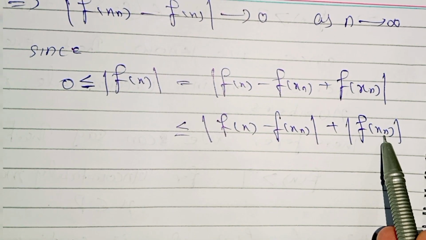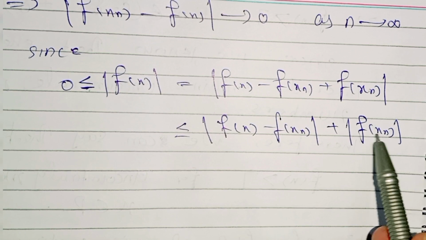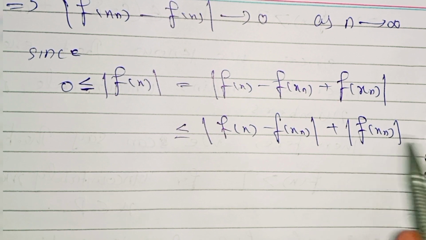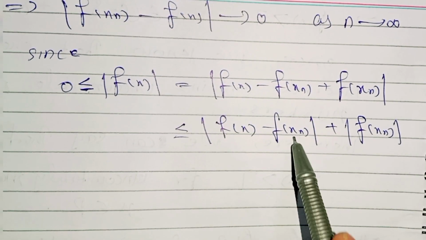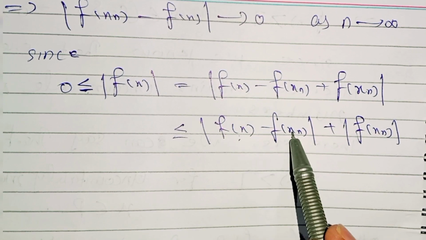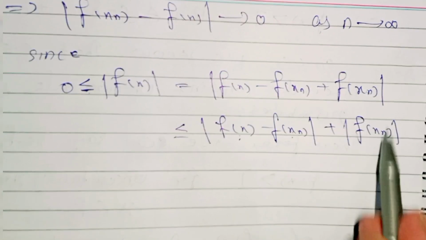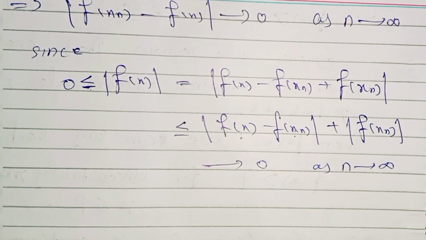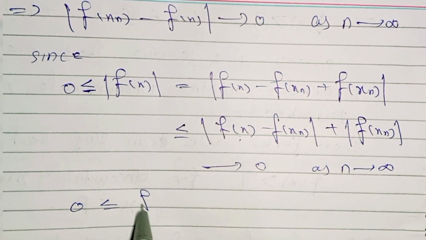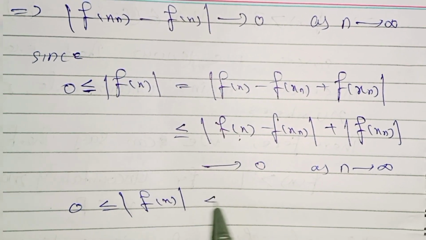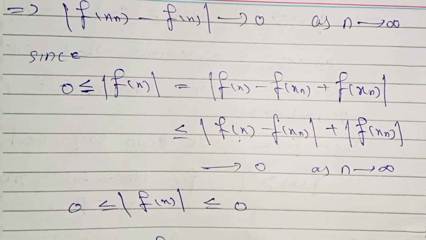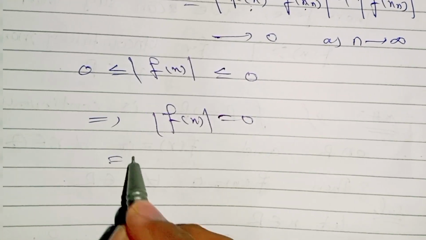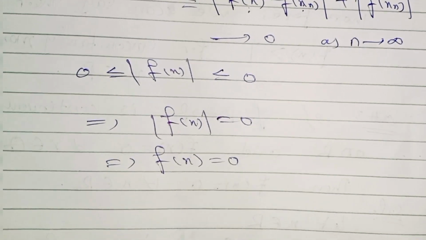Since all elements of the sequence belong to Q and f is identically 0 at every point of Q, therefore f(x_n) is equal to 0, and f(x_n) approaches f(x), therefore f(x) - f(x_n) also approaches 0. So this expression approaches 0 as n approaches infinity. So we have 0 is less than or equal to |f(x)| is less than or equal to 0. This implies that |f(x)| is equal to 0. This implies that f(x) is equal to 0.